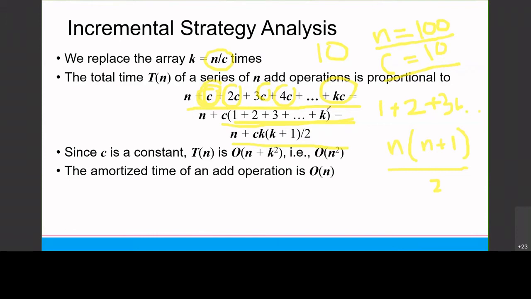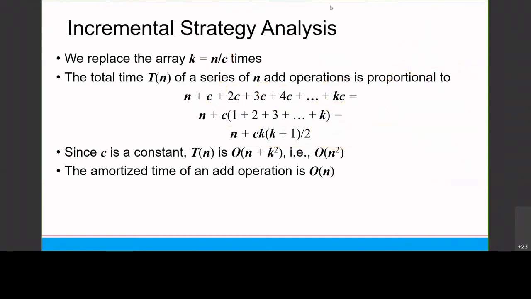If I put this one as k, then I can just replace it with c multiplied by k times k plus 1, divided by 2. So this will make us know that c is a constant. If it is a constant, then we do not care about it in the big O notation.